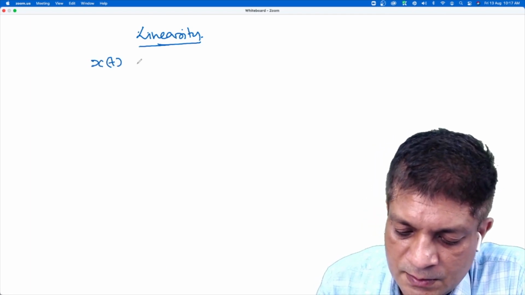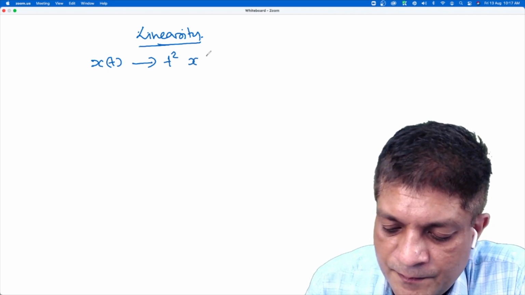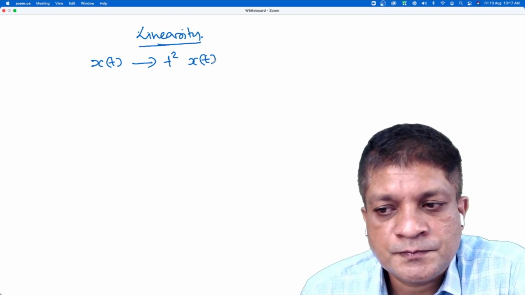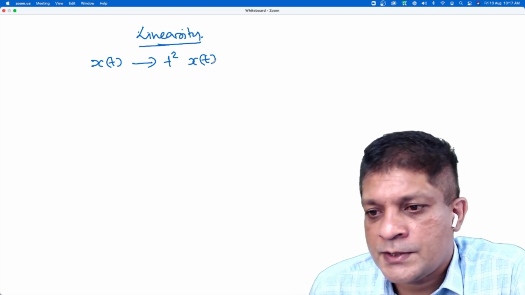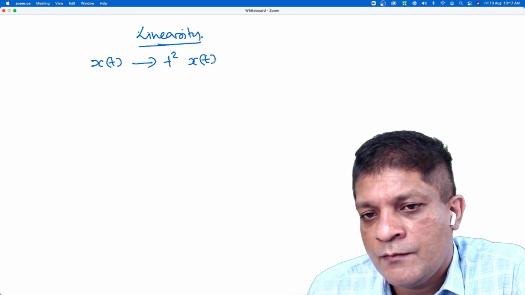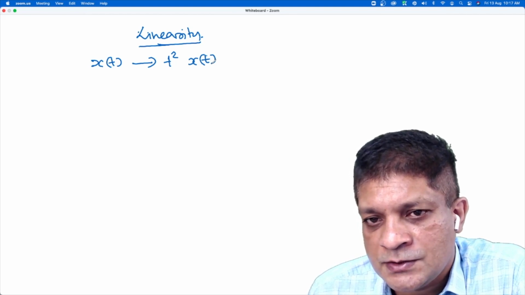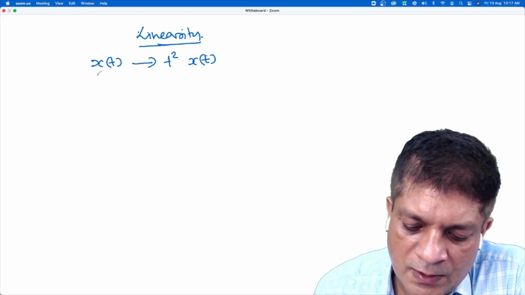Let us consider a few examples. Consider a system where x(t) is the input and the output is t squared times x(t). Is it a linear system? For checking linearity, we have to verify both additivity and homogeneity. Is it homogeneous? What does that system do?